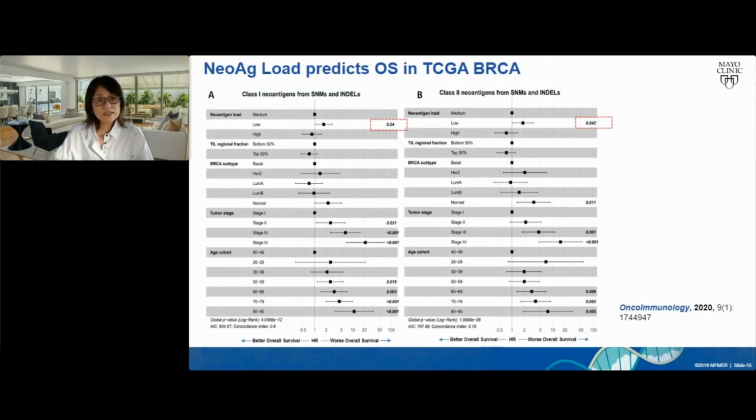However, we published that lower neoantigen load, not TMB, is a biomarker for worse overall survival in breast cancer patients, independent of other clinical predictors, such as tumor infiltrating lymphocytes, breast cancer subtypes, tumor stage and age at diagnosis. Again, supporting the notion that neoantigen load is a more accurate biomarker.